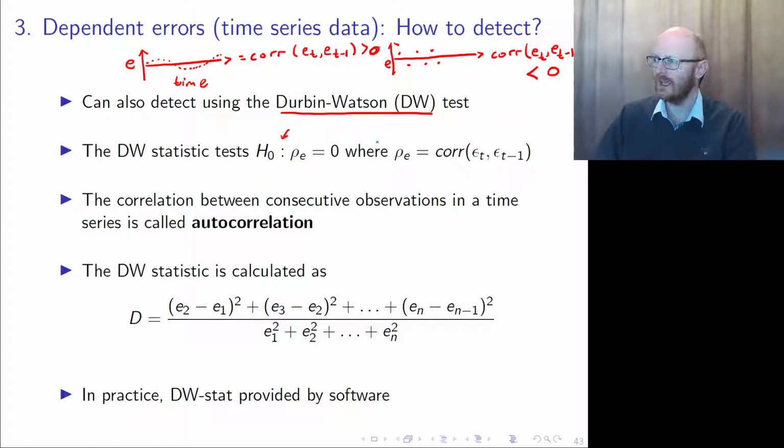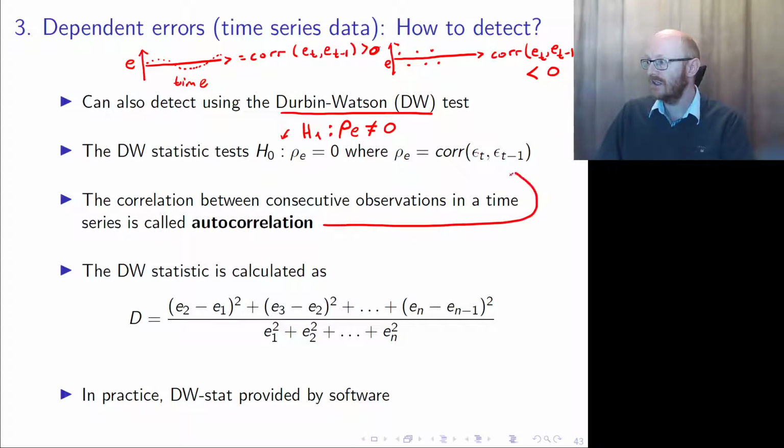And the alternative hypothesis is that the correlation between the errors is different from 0. If you have these correlation structures across time, then you call this autocorrelation.